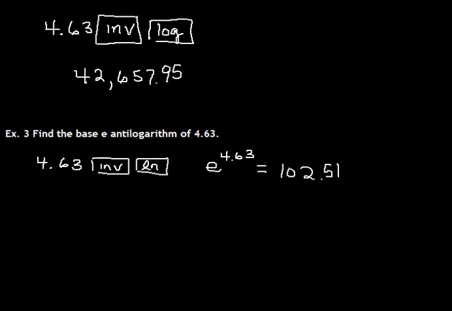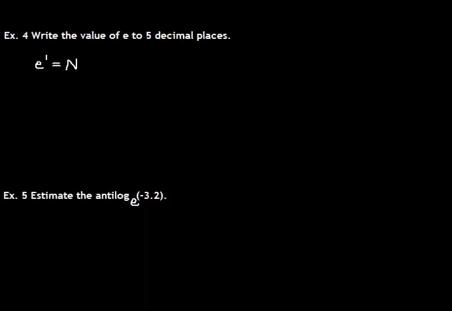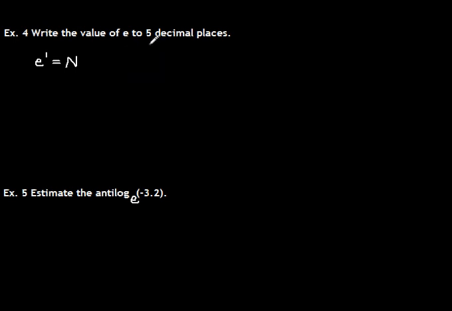Okay, 2 more. This one is write the value of e to 5 decimal places. Well, you could just say e to the first power. I think that's the easiest. Or you could just use your calculator again.